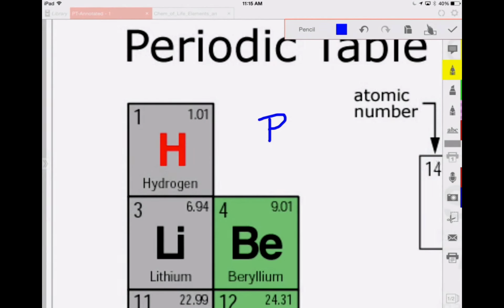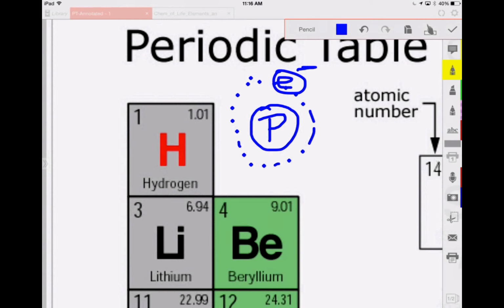So it just has a proton in the center, and what's moving around the outside, tracking around the outside like this in an orbital, is the electron. And the electron will give a negative charge, sort of zooming around the outside.